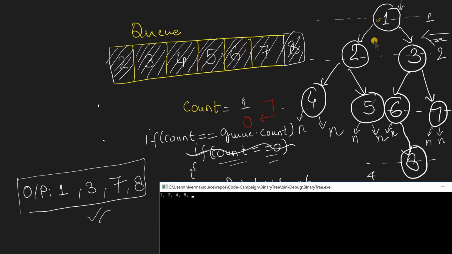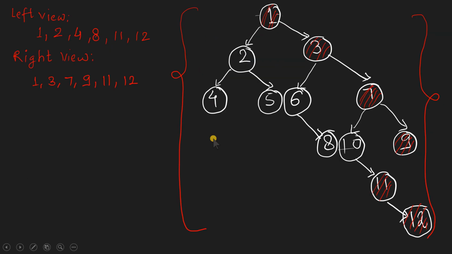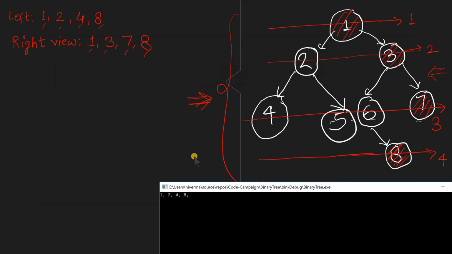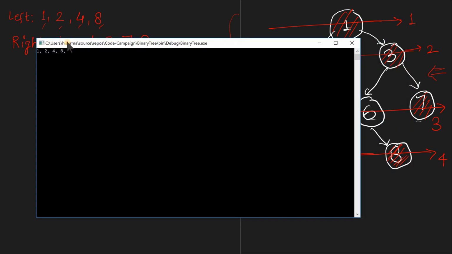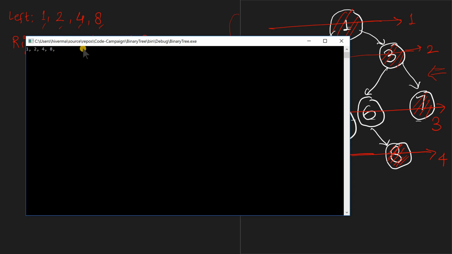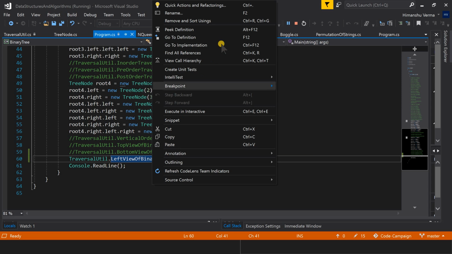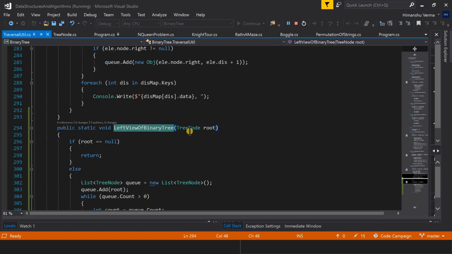The left view will be 1, 2, 4 and 8, and our left view is 1, 2, 4 and 8, right? We can even go back and bring our slide here. So the left view is 1, 2, 4, 8, which is the same. Okay, now let's go back into our IDE and write the code for the right view of the binary tree as well.